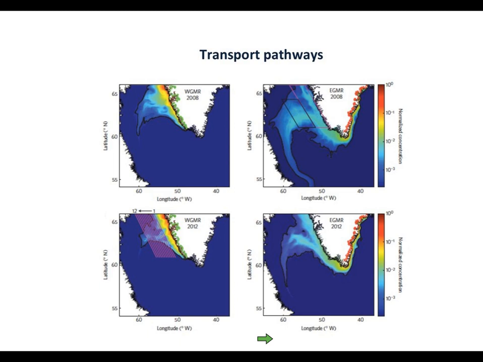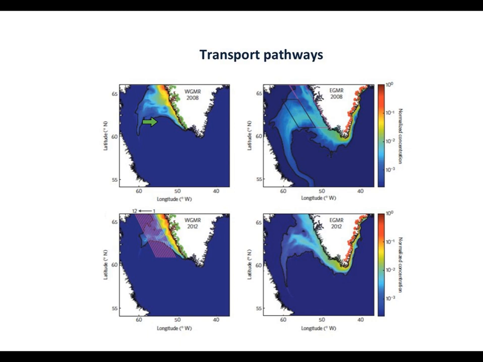What can be seen in the model using tracers is that there is a lot of interannual variability in how much meltwater comes into the convective area, and especially which kind of meltwater gets into the convective area. What I'm showing here are two cases, 2008 and 2012.